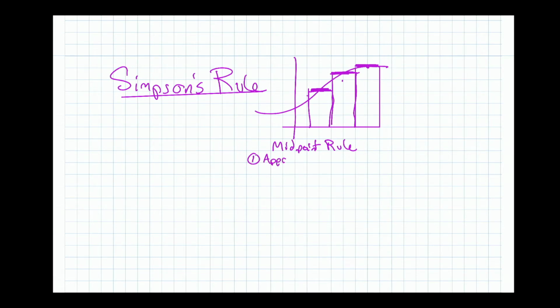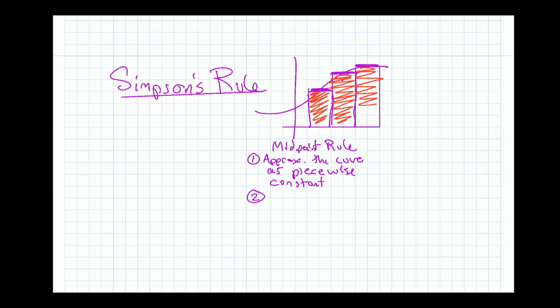You're approximating the function, so the curve, as piecewise constant. Constant just means level, right? And then to get our approximation of the integral, we're counting up the exact area under those piecewise constant curves. So approximate the curve by constants, and then we are exactly finding the area under those constants.